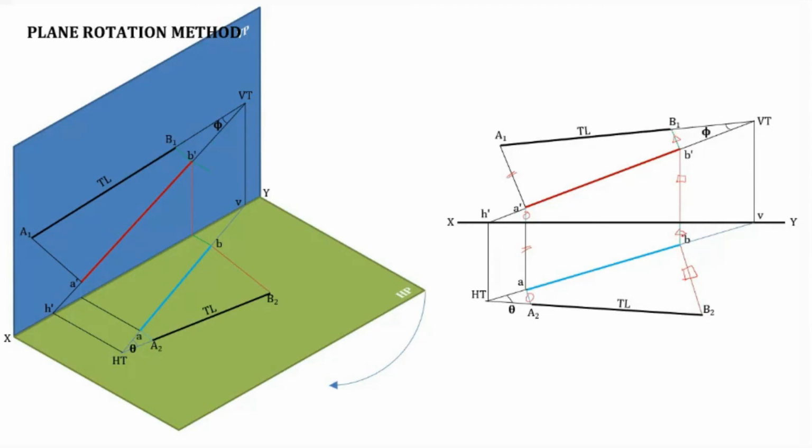And here also VT, B dash, A dash and H dash are in the same line. HT, a, b and B are in the same line. And the inclination of ab with the true length line A to B2 gives you the true inclination with HP. And the inclination of A dash B dash with the true length line A1 B1 will give you the true inclination with the VP. This is it.